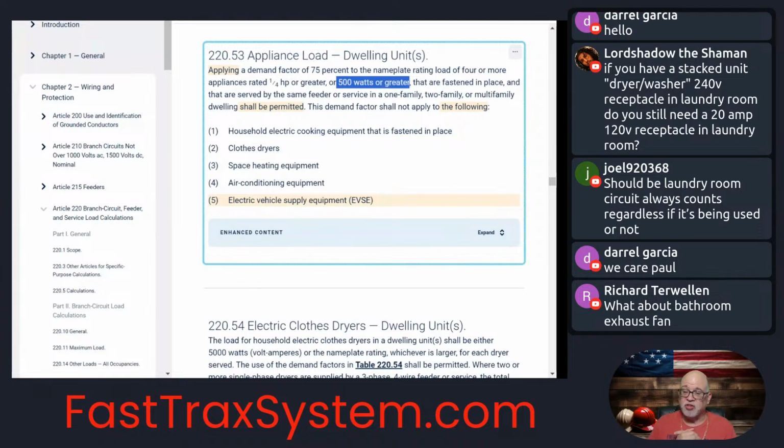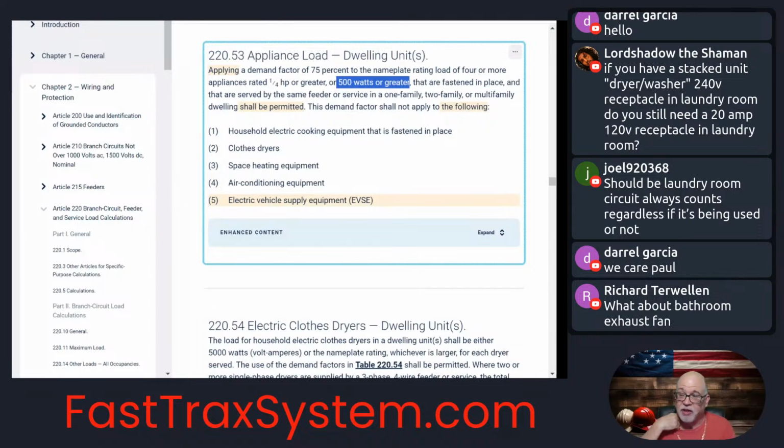Chances are those exhaust fan motors that are in your bathroom are not rated a 1/4 horsepower or greater. They're probably much less than that. 1/16 horsepower or smaller, so they're not going to be 500 watts or greater. So that's your threshold, to make sure.